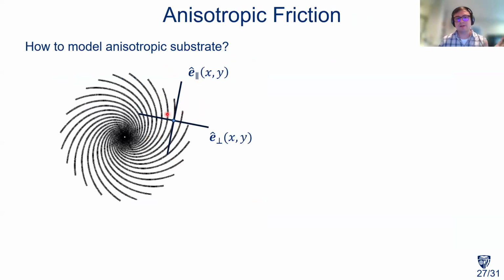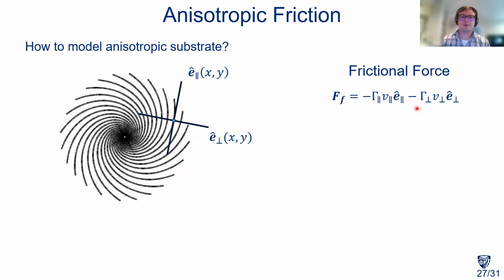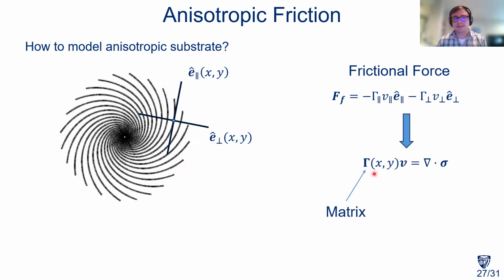And these parallel and perpendicular axes can change in space. But once we do that, we can say that the frictional force is just given by a coefficient of friction that is greater in the perpendicular direction than in the parallel direction. And this has the effect of modifying the Stokes equation just in the term for the friction, where now this is a matrix that depends on space. Everything else is the same. You just have this friction coefficient that's now a matrix.